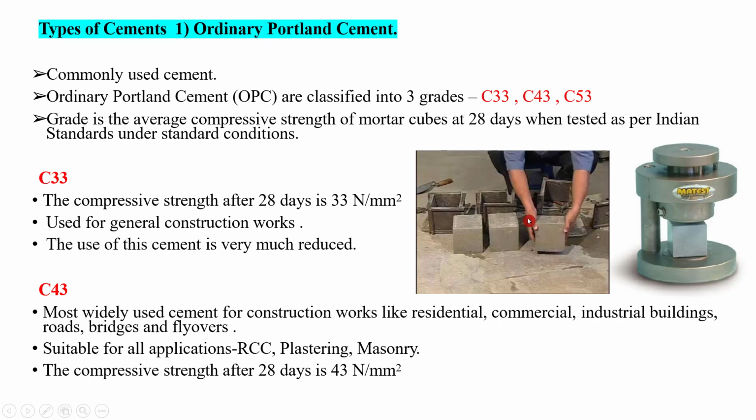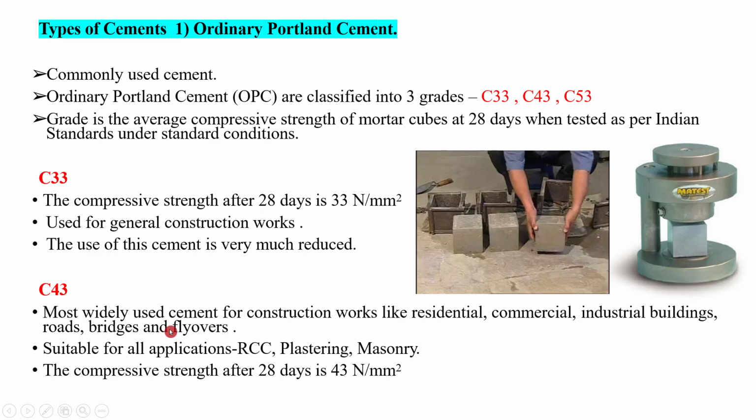If the cube made by the cement exhibits a minimum strength of 33, then it is called C33 grade cement, and it is generally used for general construction works. The use of this cement has very much reduced; C33 is not frequently used.